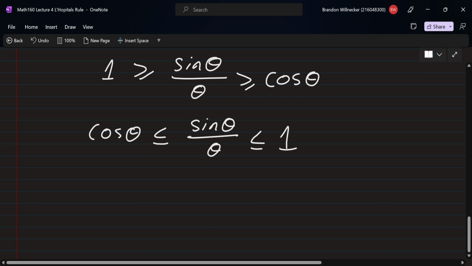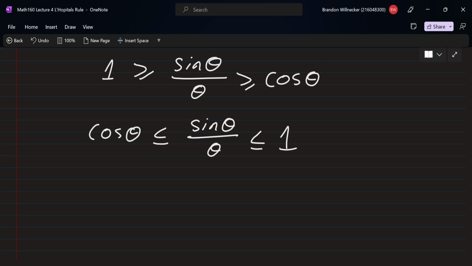Okay, so now this sets up nicely for the squeeze theorem, because if theta goes to 0, the right-hand side is 1, that stays 1. The left-hand side goes to 1. So the right-hand side and the left-hand side both approach the same limit, which means the center part will also approach that limit.